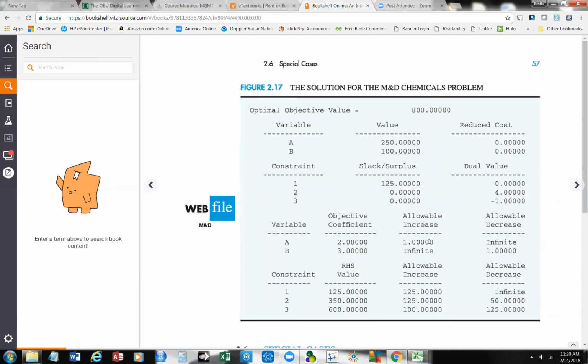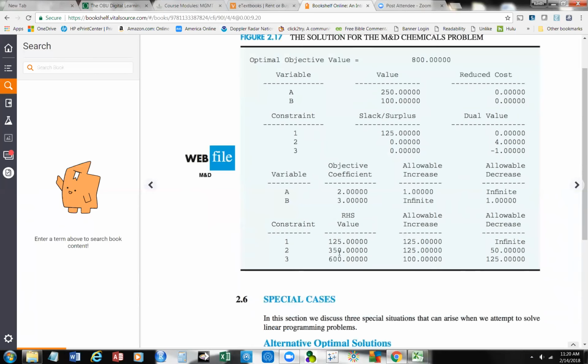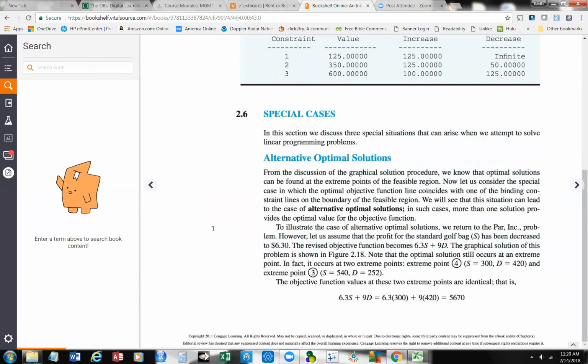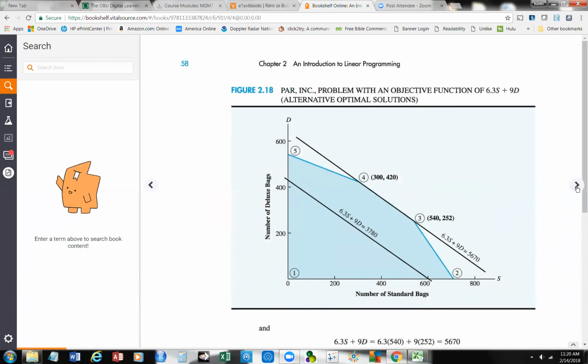Then we can see allowable increases. And notice this is like a mirror, 1 to 1, infinite to infinite. That is, how much can we increase it? Then we see the constraints, and then any allowable decreases, for constraints 1, 2, and 3. And the authors are going to talk about some alternative solutions, those kinds of issues. And that's the Par Inc. problem that we looked at.